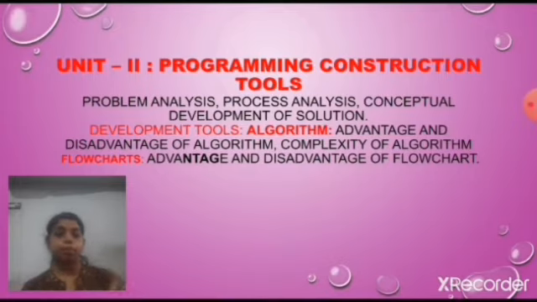In algorithms we will see advantages and disadvantages and complexity of algorithms. After that flowcharts, their advantages and disadvantages, and symbols of flowcharts.